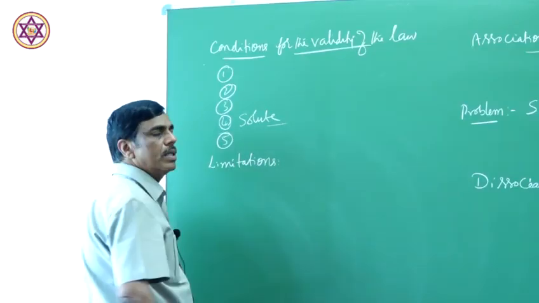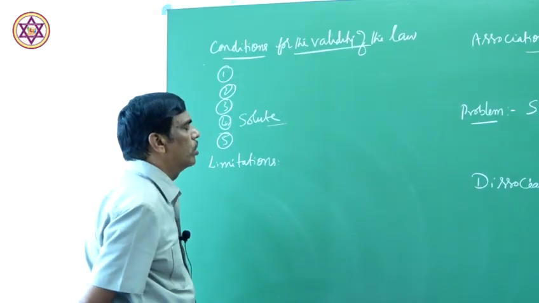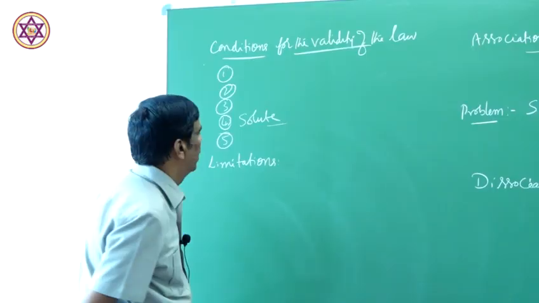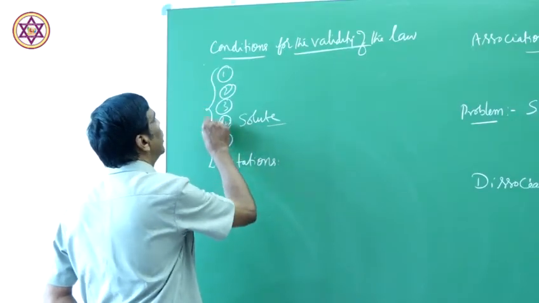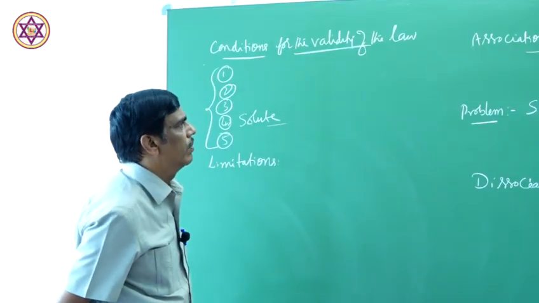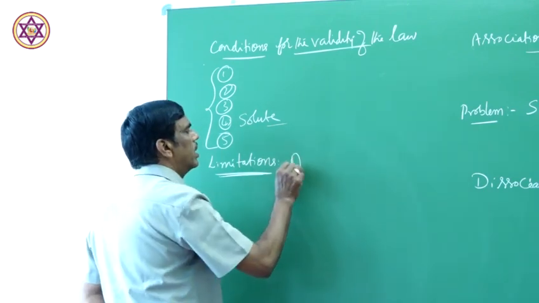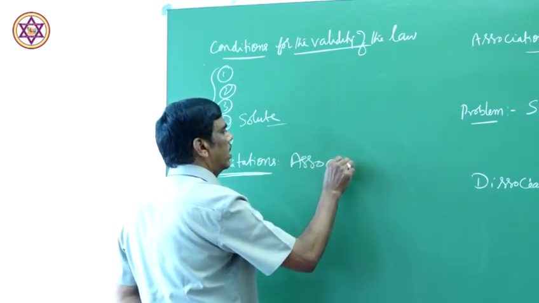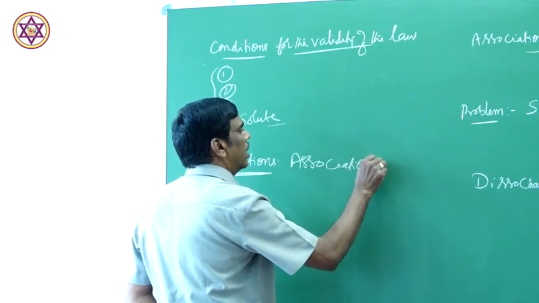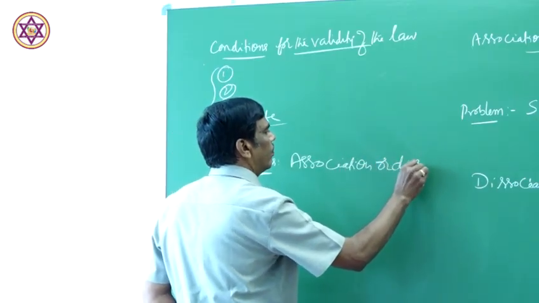Another condition is the solute should not react with any of the components in either of these two. These are the conditions for the validity of the law. So, this very important limitation is association or dissociation.